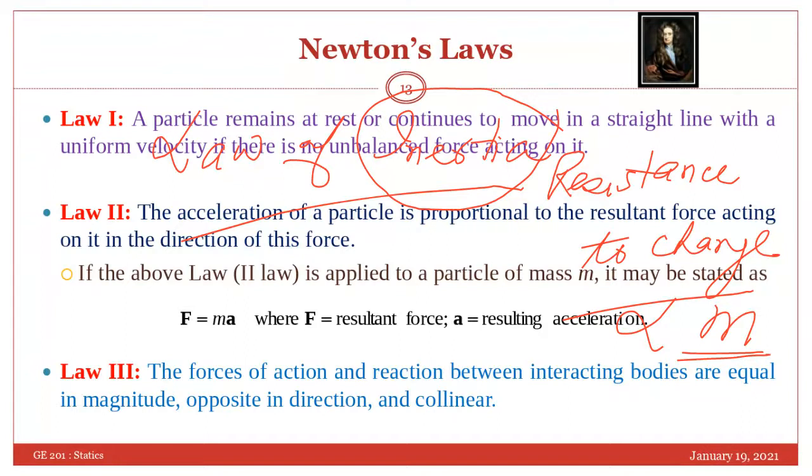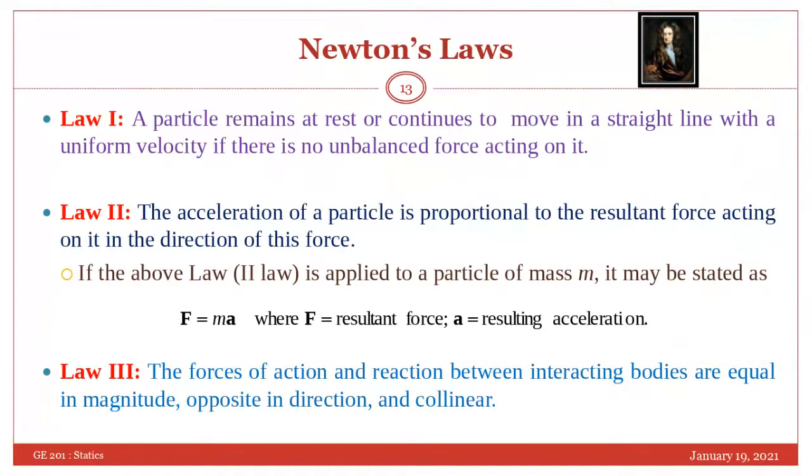And this force also must be an unbalanced force. If you have a balanced force, meaning two forces applied of equal magnitude in opposite direction, then also it won't make any change because the net force will be zero. So balanced forces means the net force is zero. That will also not make any difference.